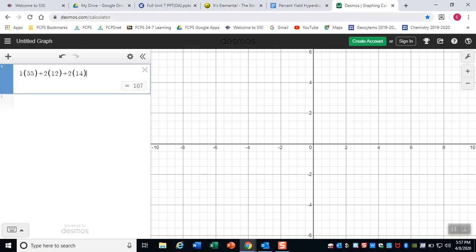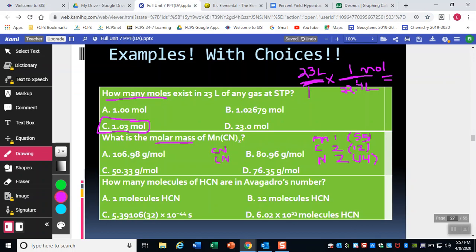And so 107 is the molar mass, and this would be the closest one. Some people, when they're doing it, go out to 2 decimal places. We're not going to be doing that, but be aware.